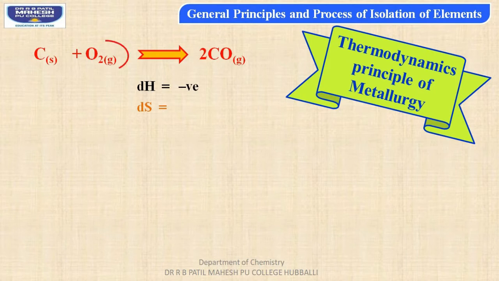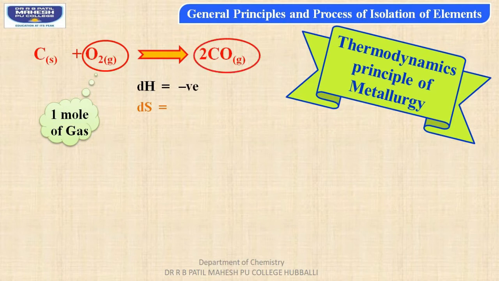Now on the reactant side students, we are considering 1 mole of oxygen gas, whereas on the product side we are obtaining 2 moles of carbon monoxide. Thus entropy increases, so delta S, that is change in entropy, is positive.